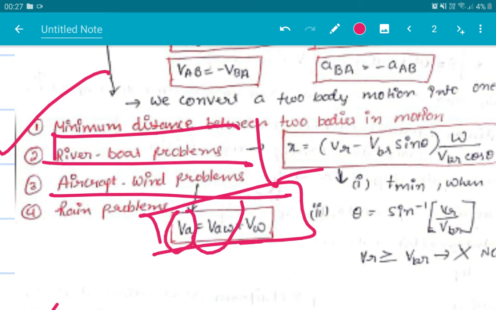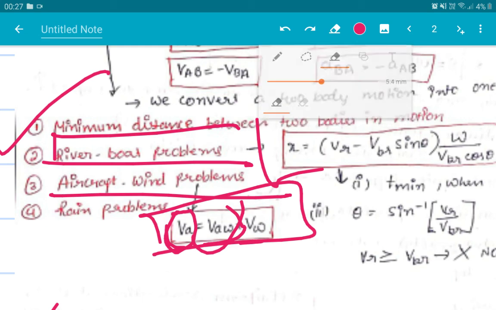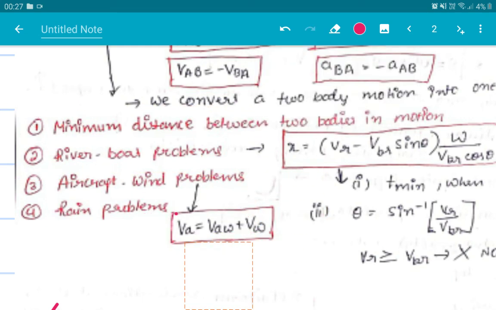If you want to find the velocity of the aircraft, then it is velocity of wind plus velocity of aircraft with respect to wind. Yes, solve a few problems and you'll understand. Here I don't want to solve a problem because it takes much time, and we are only going on a revision scale, looking at what points are present.